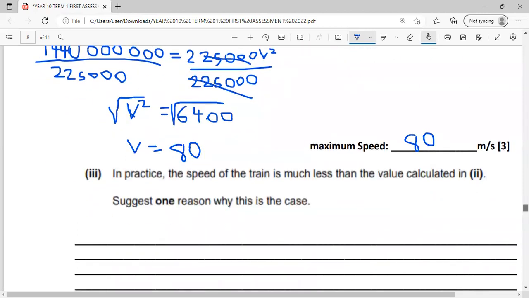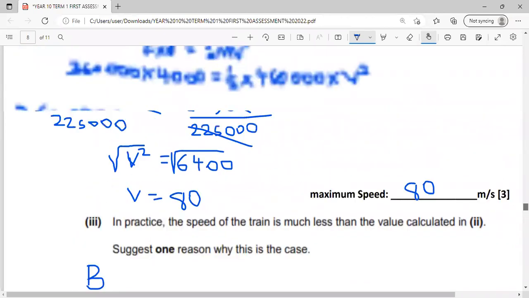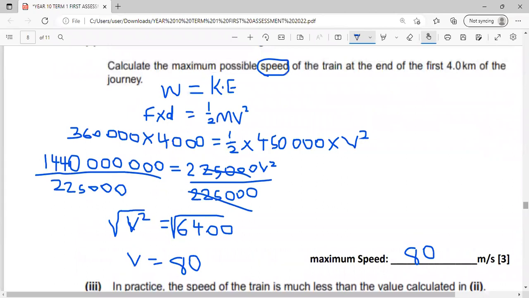In practice, the speed of the train is much less than the value calculated. Give just one reason why this is true. Why would the speed of the train be lesser than what is calculated? This calculation assumes that all of the work done by the motor will be converted to kinetic energy.